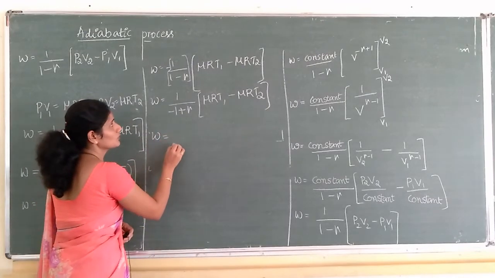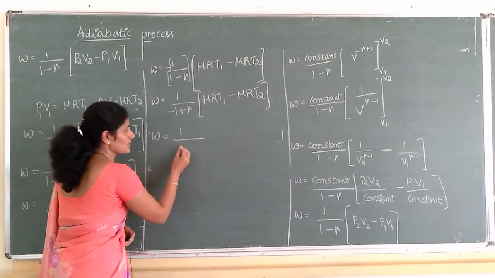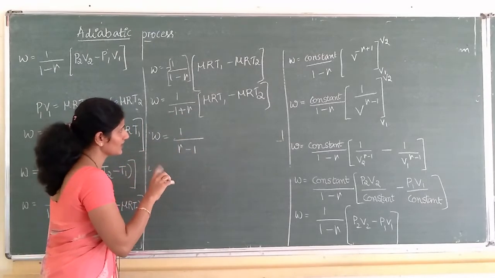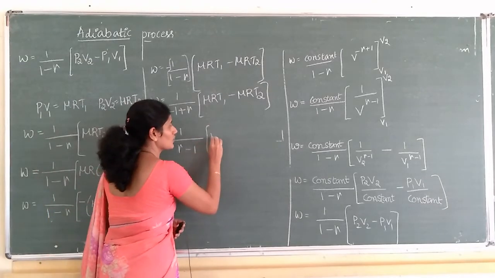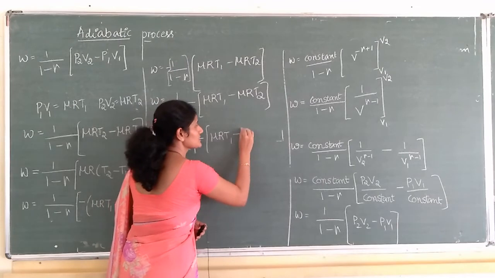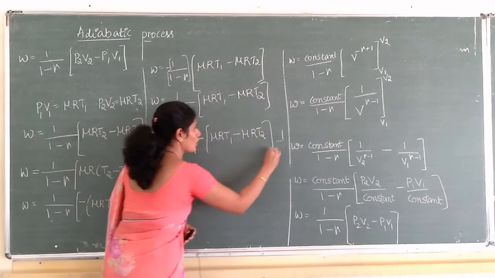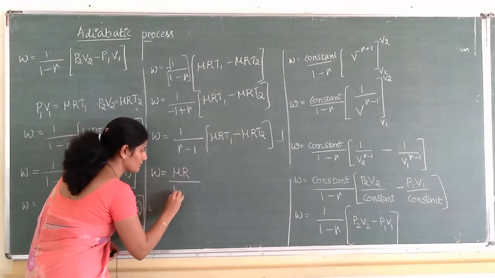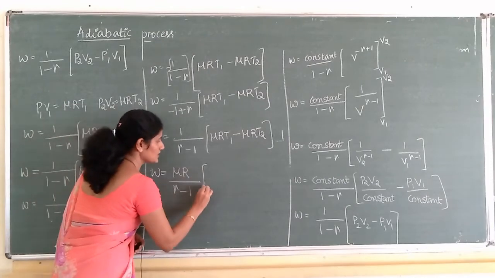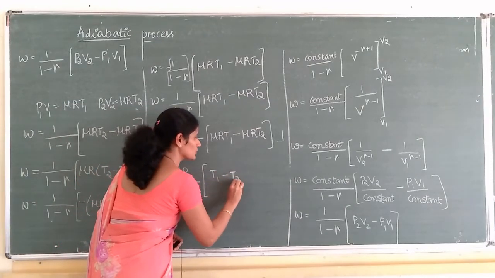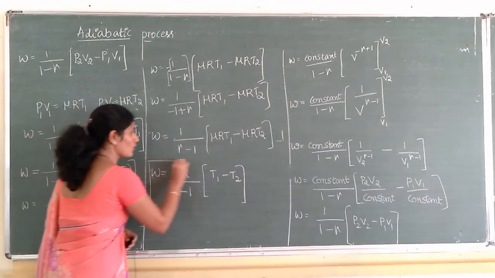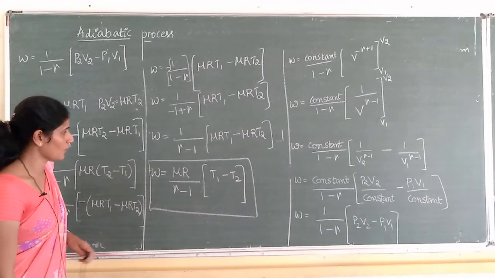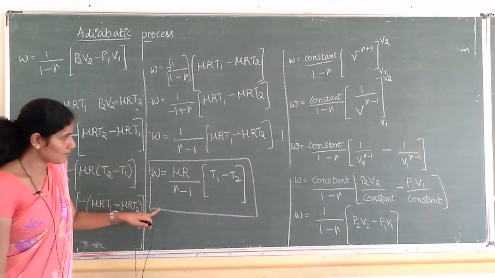So W is equal to 1 by gamma minus 1 into mu r T1 minus mu r T2, or W is equal to mu r, which is common, divided by gamma minus 1 into T1 minus T2. So this is the expression for work done during adiabatic process.